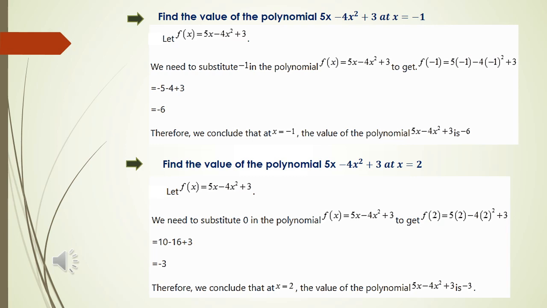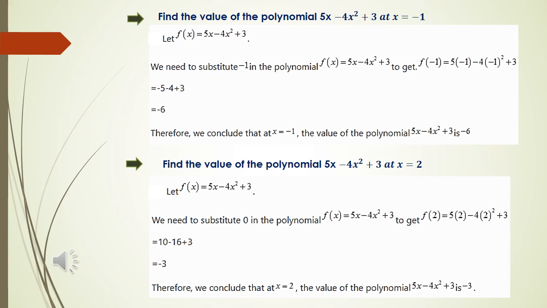By simplifying, we get answer minus 6. Therefore, we conclude that at x equal to minus 1, the value of the polynomial 5x minus 4x square plus 3 is minus 6.